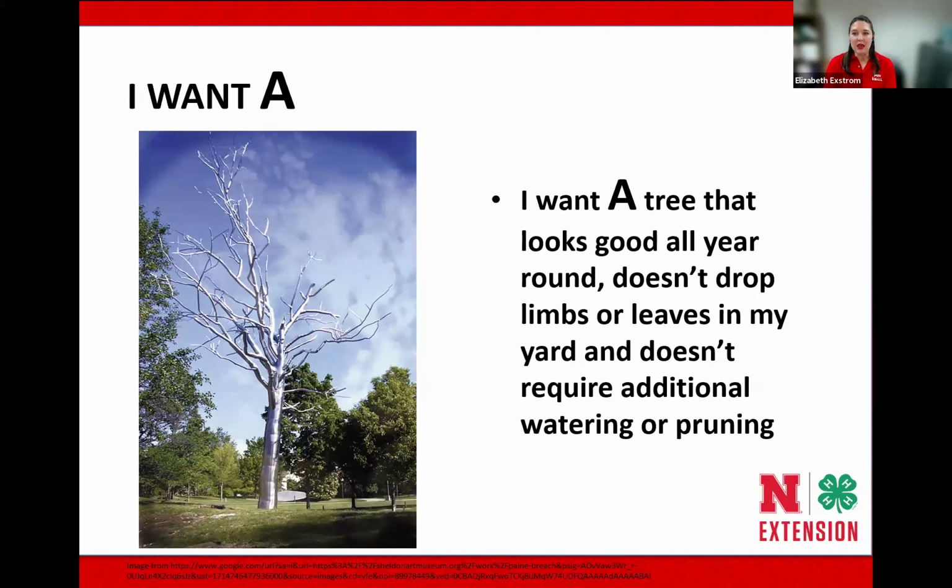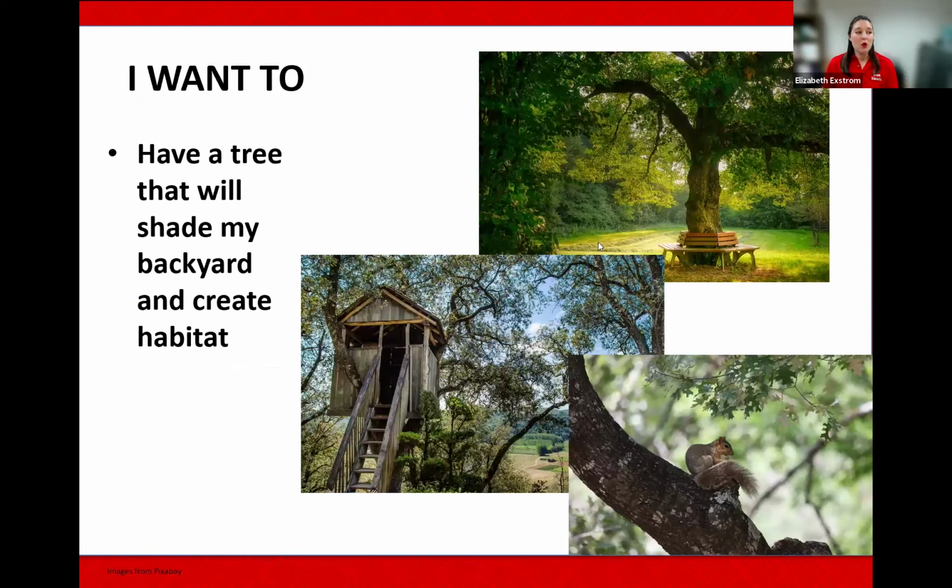Now, if we change that way of thinking into I want to have a tree that will shade my backyard, create habitat, be a place for relaxation, then we're opening up what we can put in that landscape to meet those needs.